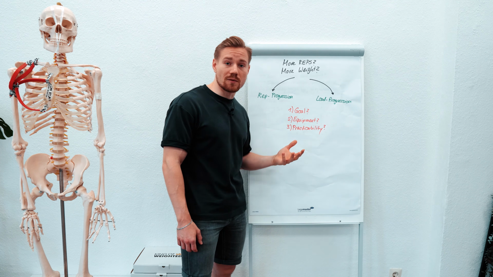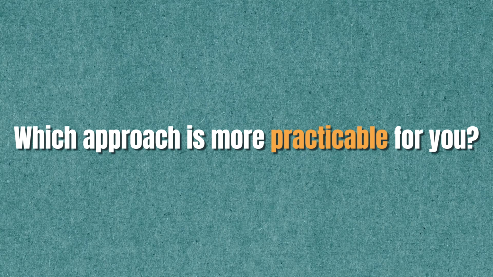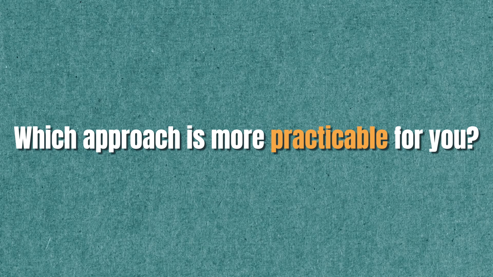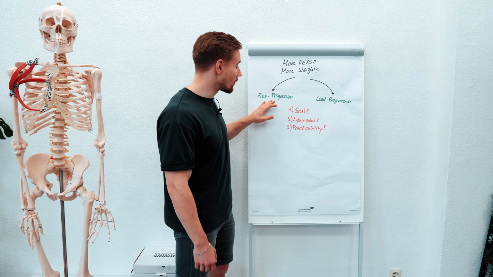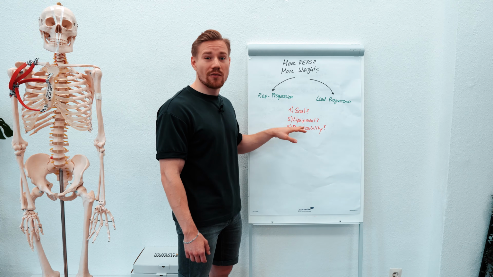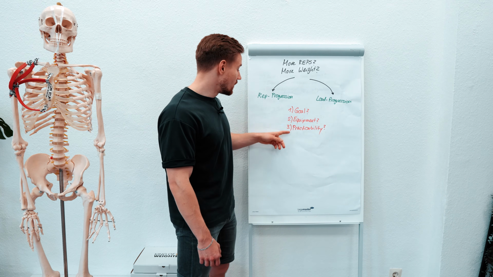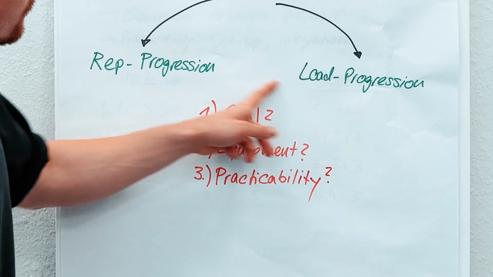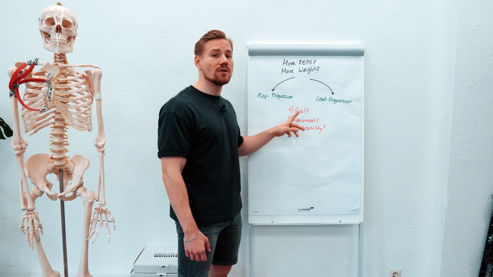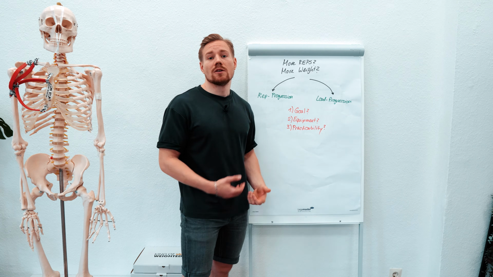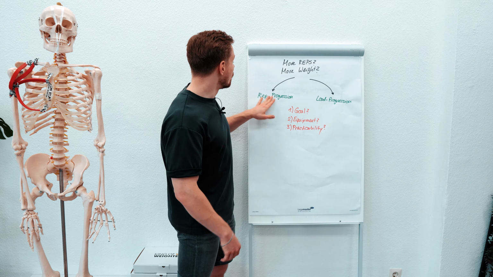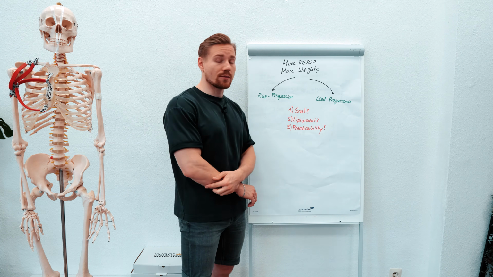Is it comfortable? Can I really progressively overload it practically with more weight? Or is maybe a rep progression more practicable for me in the long run? So with these three aspects here, you can really make a pretty good decision on which variation or which progression you're gonna use.